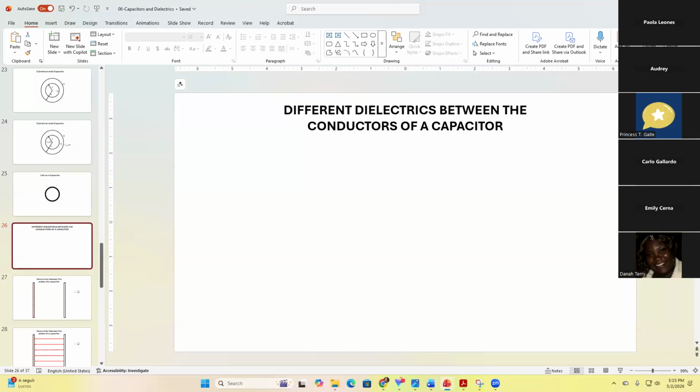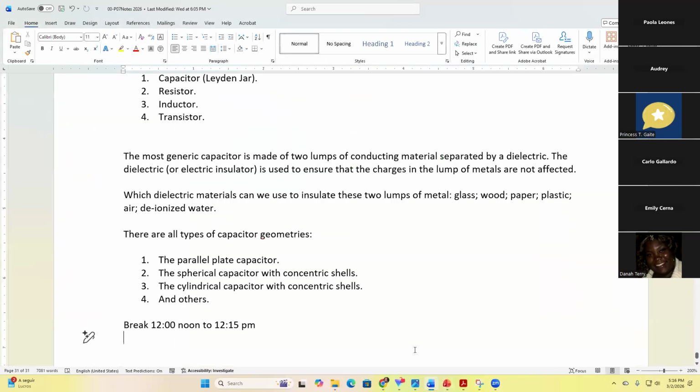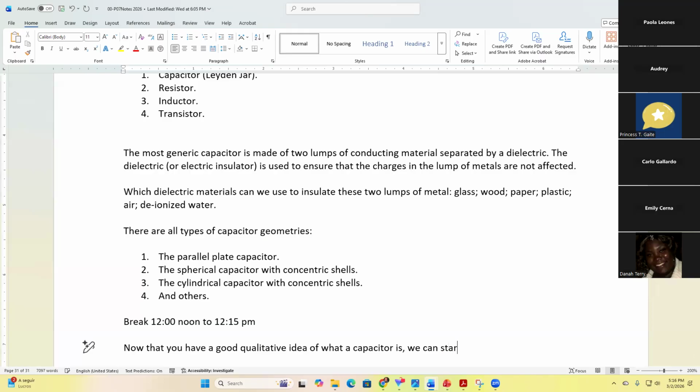Okay, so now that you have a good idea of what a capacitor is, a good qualitative idea of what a capacitor is, we can start talking about numbers, I mean equations.